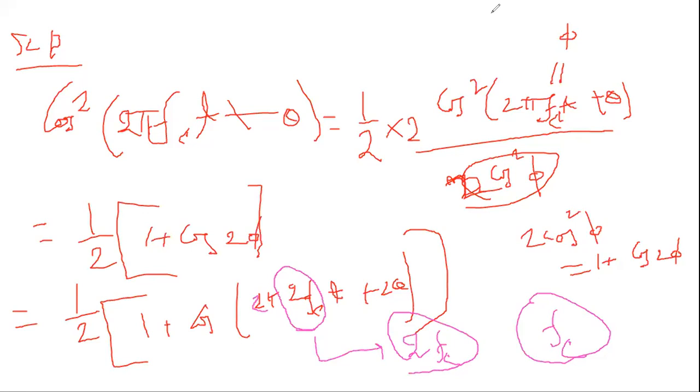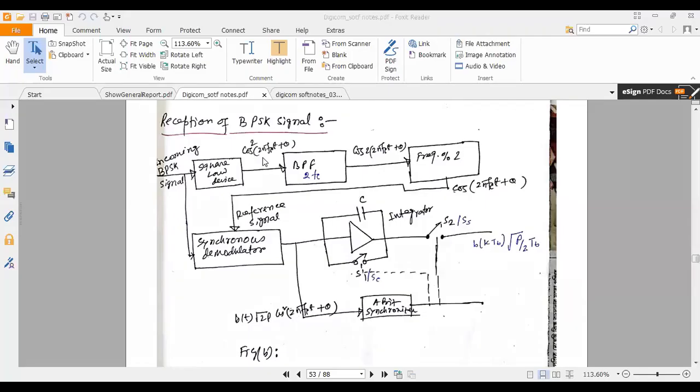Now come to the circuit once again. Here we are getting 2 fc frequency. Cos square, as I have shown you, gives a double frequency. That's why you need a band pass filter with center frequency 2 fc. Otherwise, if you use a low pass filter, that frequency will never pass through this part.